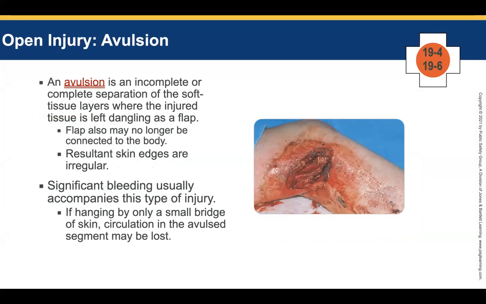An avulsion. This is where part of the tissue has been torn. It might be flapping. It might be completely gone. Again, irregular edges. Significant bleeding usually accompanies this type of injury.